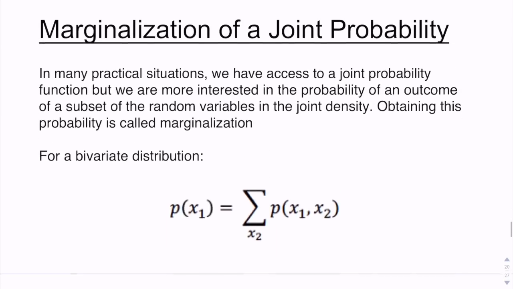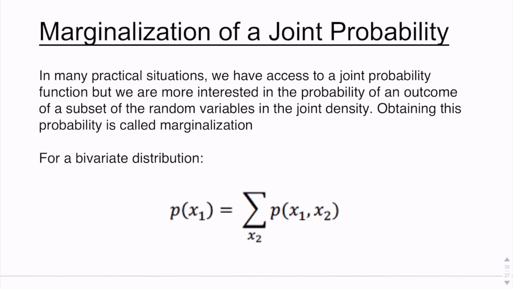Then another note is on marginalization of a joint probability. Usually we obtain the joint probability governing n random variables, but at the end we are interested in computing the probability distribution for one random variable.